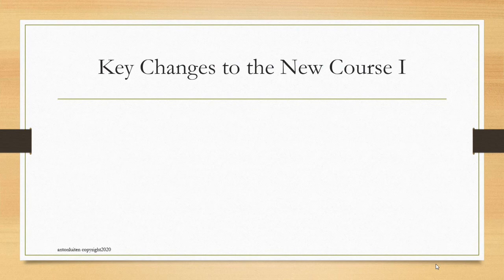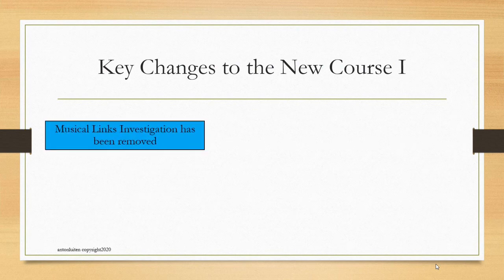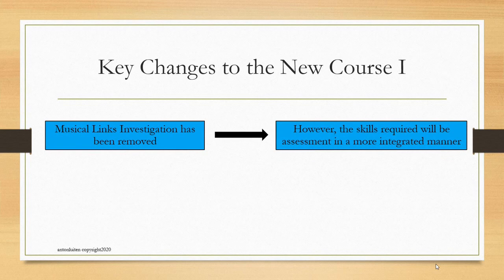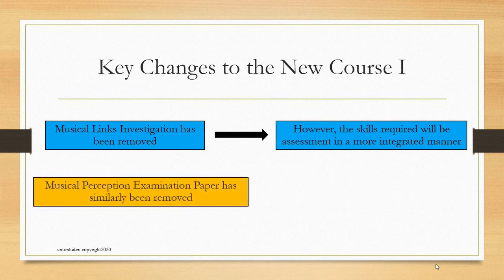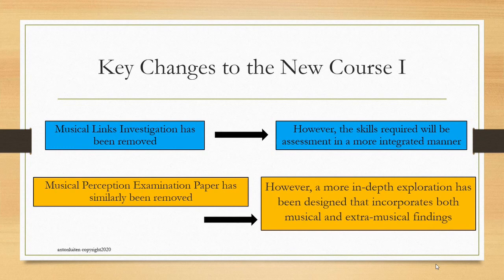Thus, to summarize the significant changes, the skills required for the musical links investigation will be assessed in a more integrated manner, and the requirements for the musical perception examination have been encapsulated into a more in-depth exploration of music and its context, aiming to strike a balance between both the musical and extra-musical findings within those investigations.